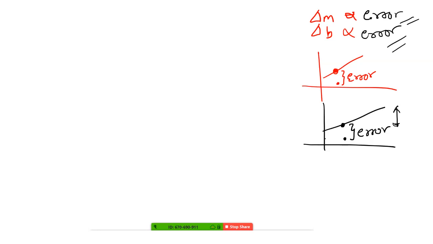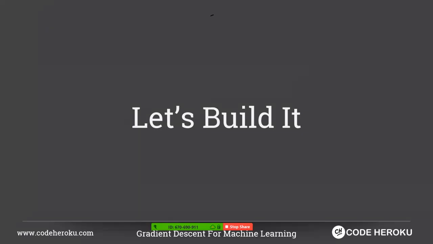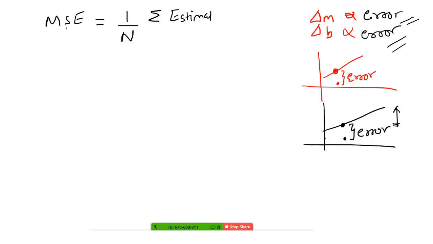I said that we'll be using a quantity called mean squared error for our purpose. So what is the equation that I said about mean squared error? We could write mean squared error as 1 by n summation of all the estimates minus actual, the whole square, right?